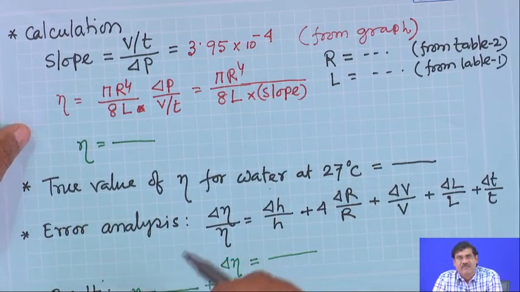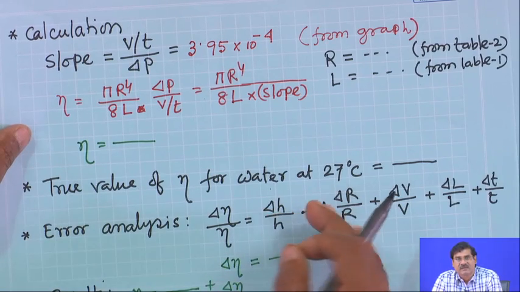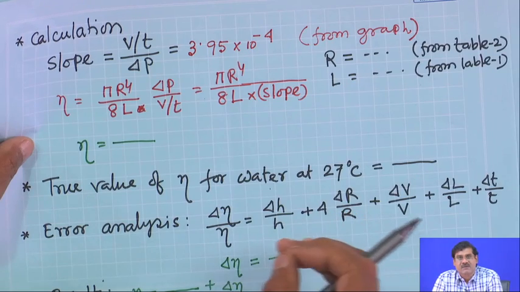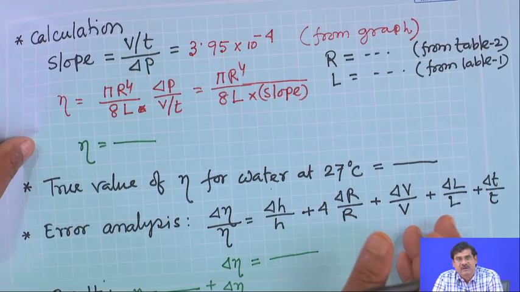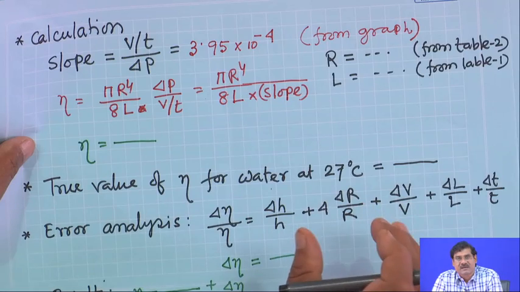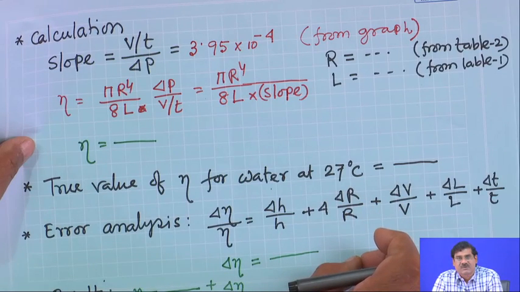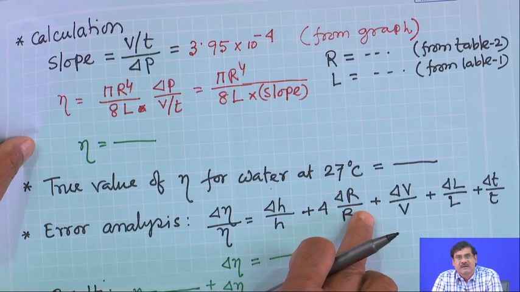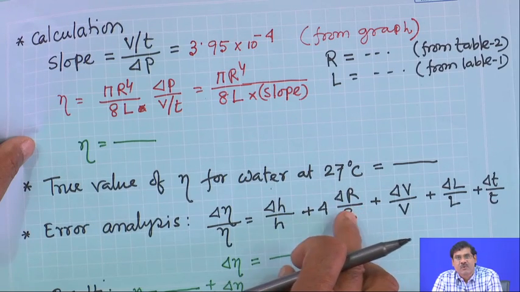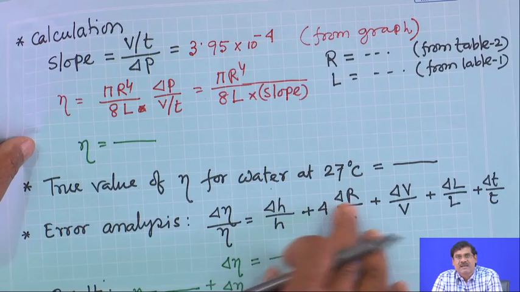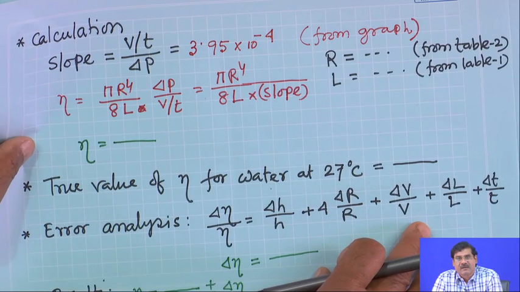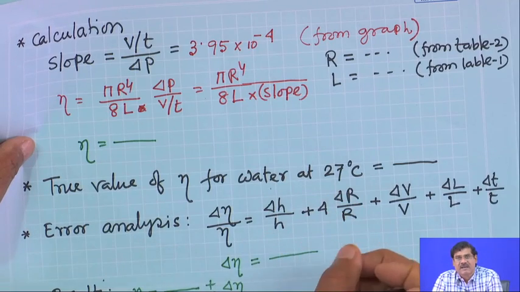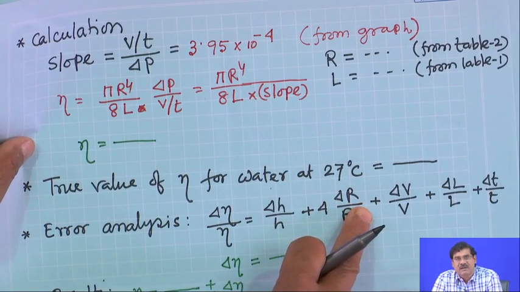So, you have taken precaution for measuring the radius of the tube. Your least count is 0.001 centimeter, which is a very small least count, because the error in the measurement is 4 times the least count.